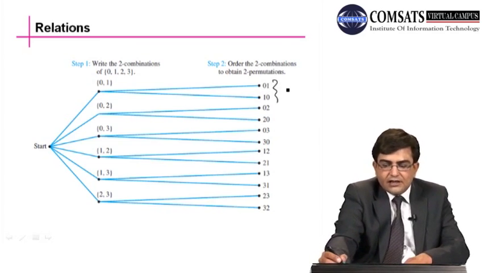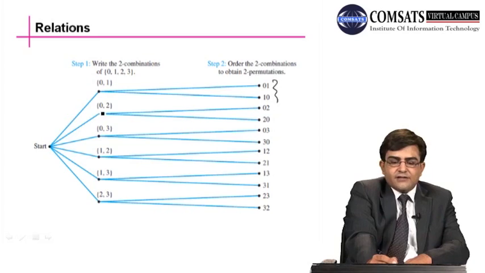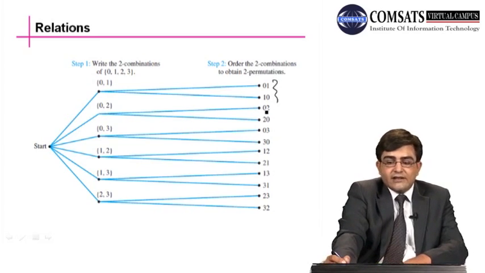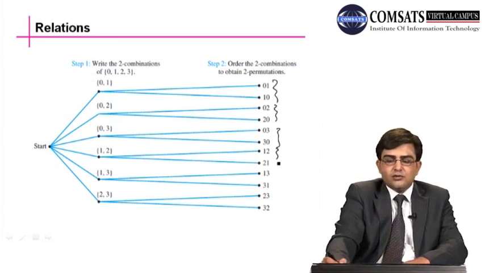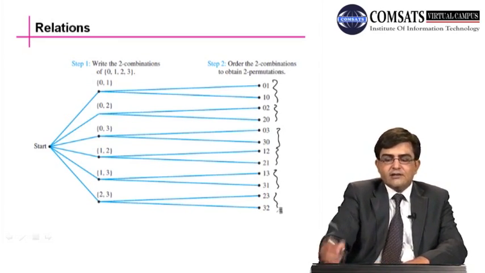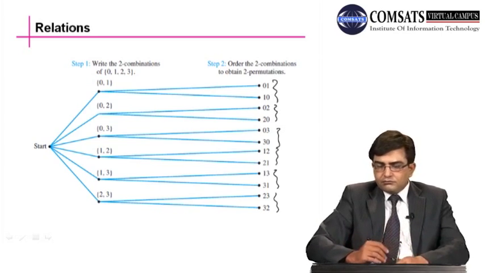If in this set we have 0 2, we write the subsets 0 2 and 2 0, so the order has been changed. Similarly 0 3, 3 0, 1 2, 2 1, 1 3, 3 1, 2 3 and 3 2. So the selections have basically been doubled.